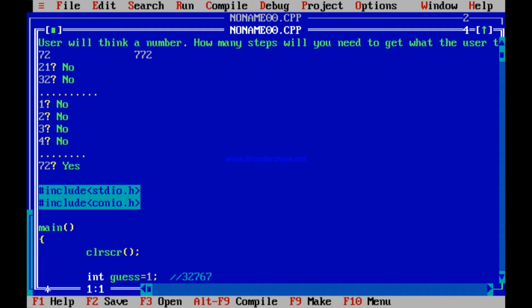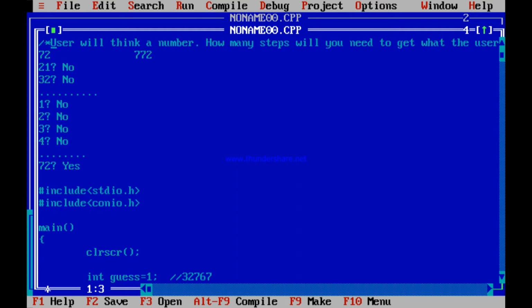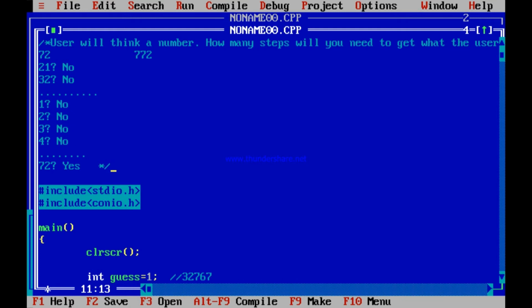You can run this program. Let me comment these portions out. One thing I will tell you, if you have to comment many lines, then there is another way. Instead of commenting each and every line like this, you can start commenting with a slash followed by a star, and end the whole portion with a star followed by a slash.